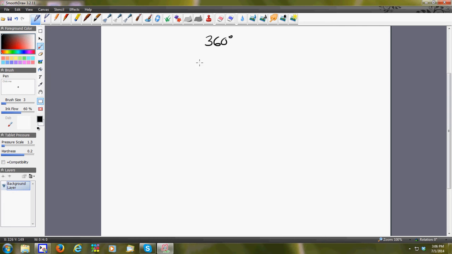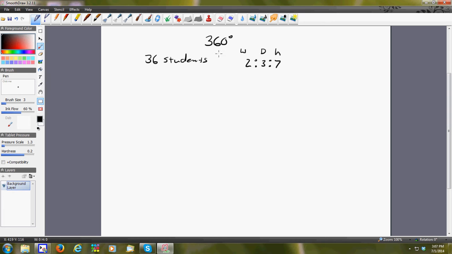So let's say you're doing a pie chart, and let's say you had 36 students, and they were in the ratio of 2 to 3 to 7. Let's say this was the way they get to school: this would be walk, this would be drive, and this would be hitchhike.